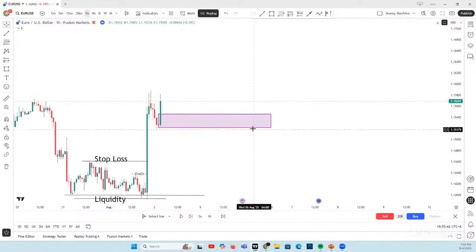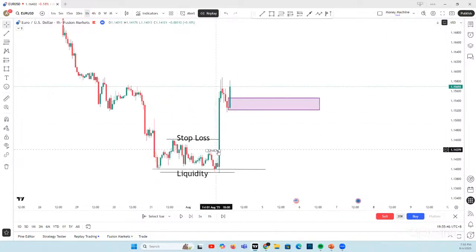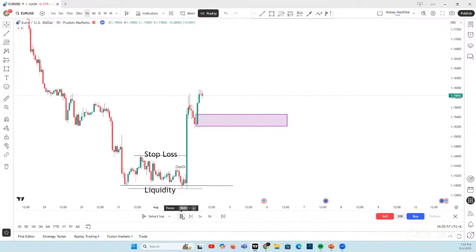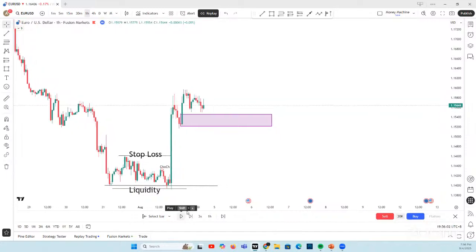Now price should go back here before we enter. That's it, my friend. After the change of character, there's going to be a pullback, either an FVG or an order block. Let's see. Okay, going there. But strategy is a strategy. We have to do it by the book.